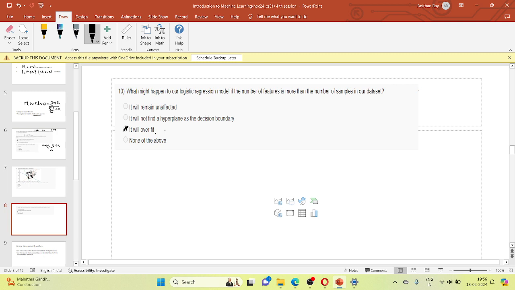As you remember from the previous sessions, we are taking a complicated hypothesis, theta 0, beta 0, beta 1, a lot of betas. So a lot of features which will represent a lot of x, and correspondingly a lot of betas, and the data is not enough. So it will overfit, meaning a complicated hypothesis. So that is the idea.